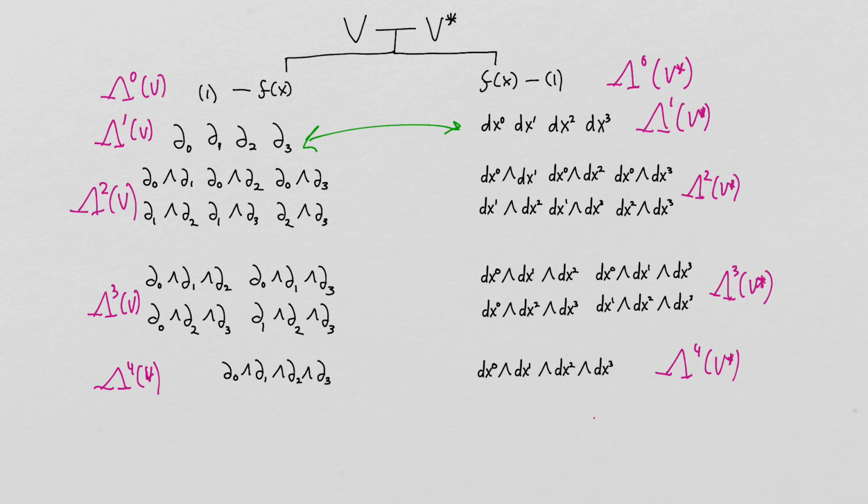There's a one-to-one correspondence between vectors and one forms, between two vectors and two forms, between three vectors and three forms, and between four vectors and four forms, right? And this goes back to what raising and lowering indices is all about. The ability to raise and lower indices allows you to move in this direction.